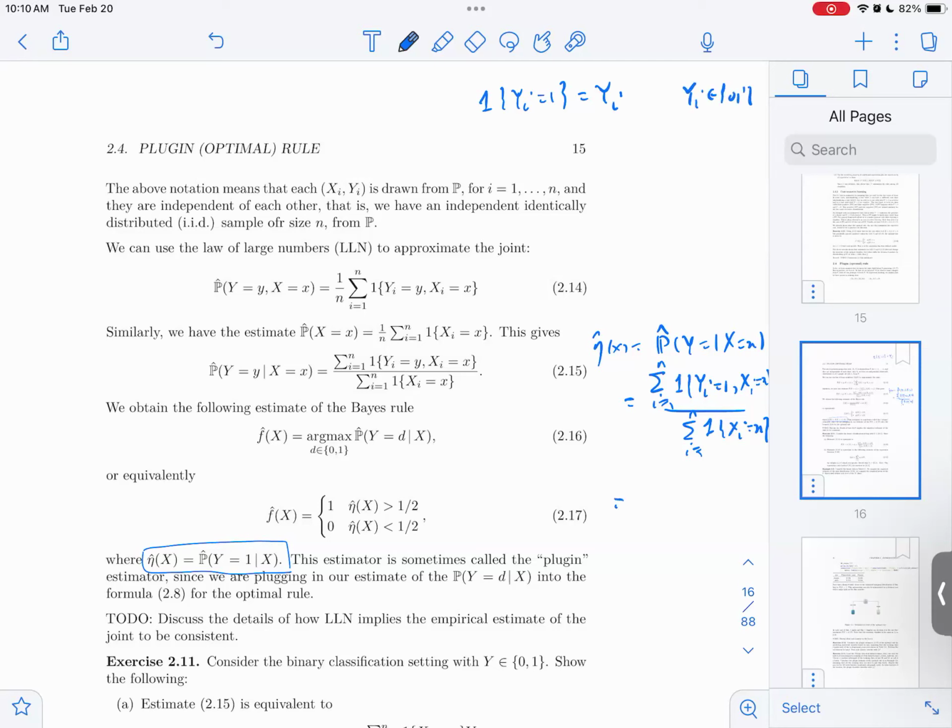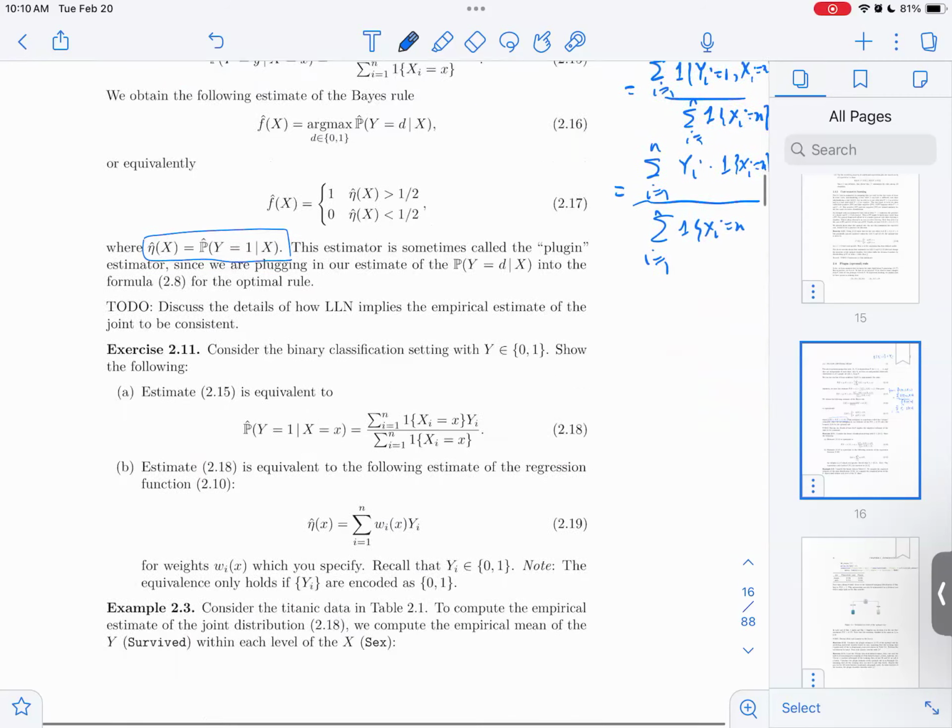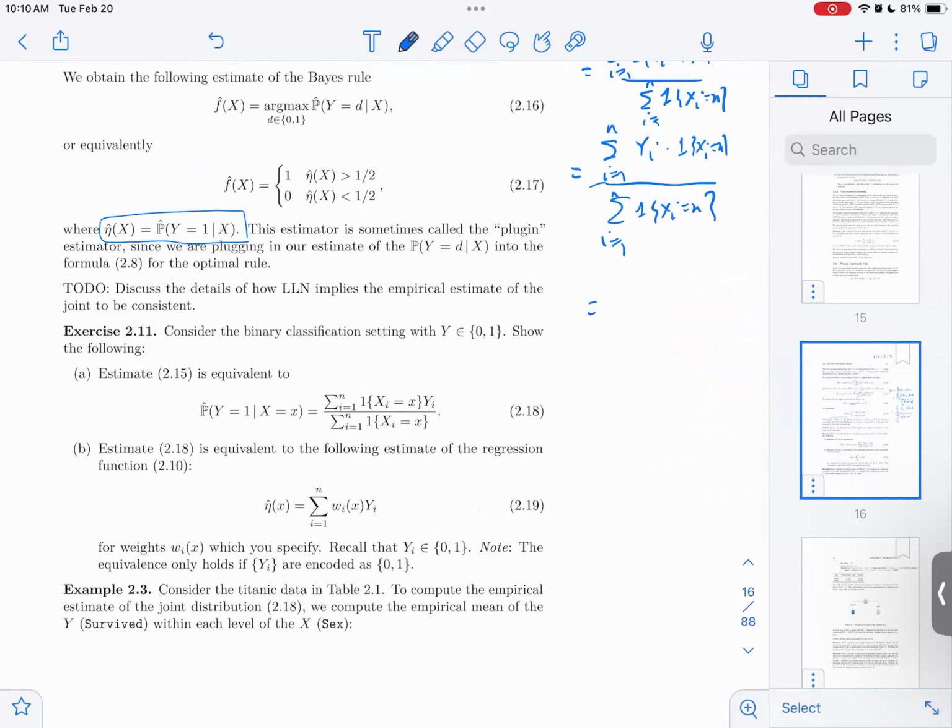So this has an alternative form that I can write as the sum of yi times the indicator of xi equal x, divided by the sum of the indicator of xi equal to x. And this further has the structure of a summation i from 1 to n of wi(x) yi, where this is wi(x).